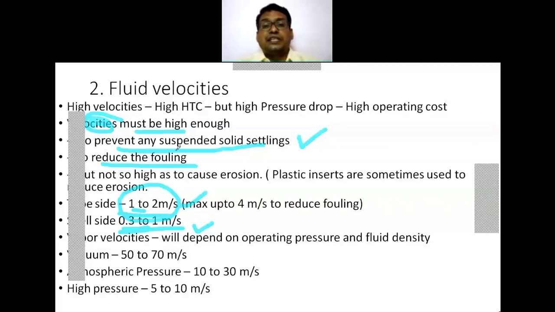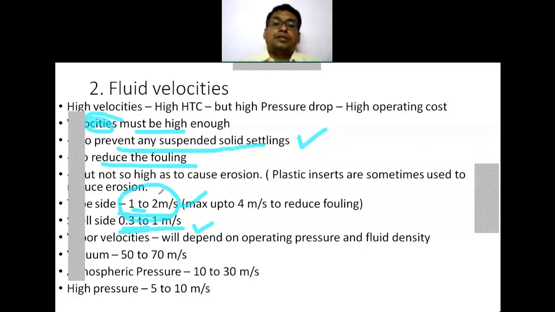Erosion is basically the metal getting consumed because of the high velocities. So the fluid velocity should not be so high that the metal gets eroded, but it should be sufficient to maintain the suspended particles in fluid-like motion, as a result reducing the fouling process.